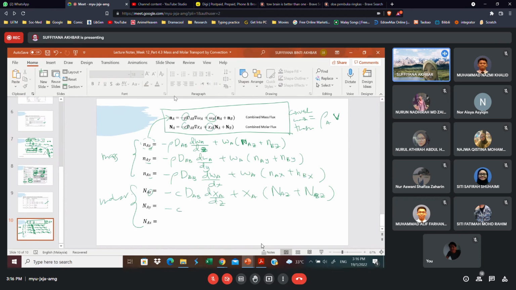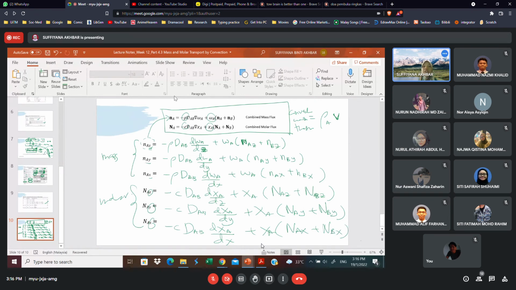So this one negative C DAB dXA direction Y plus XA, NAY plus NBY. So this is X: negative C DAB dXA direction X plus XA, NAX plus NBX.